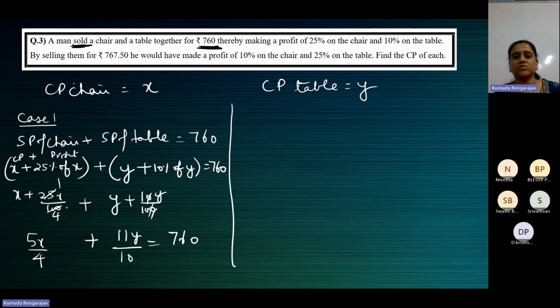Here it's a profit everywhere, so we'll talk about loss in the next class. Cost price is X or Y. And how do you find the profit? That percentage of X or Y. So 25% of X is the profit on chair and 10% of Y is the profit on table. 25% means 25 by 100 into X. Then you know how to simplify.